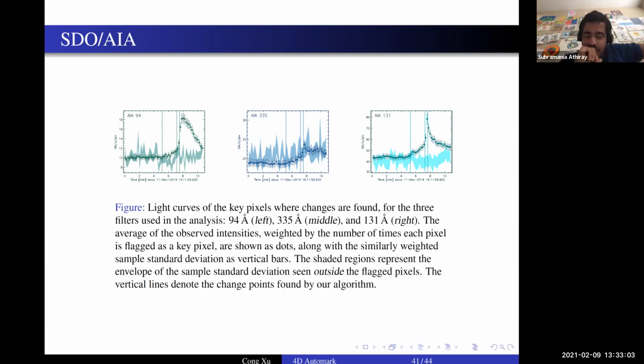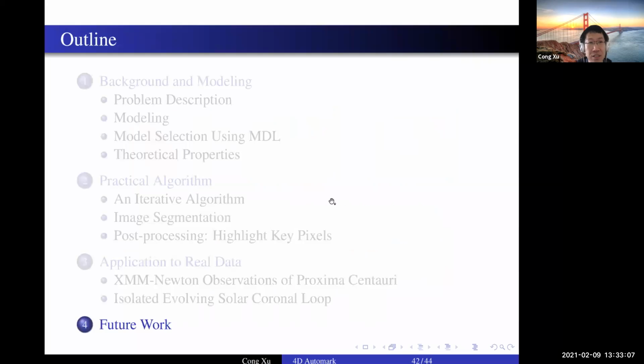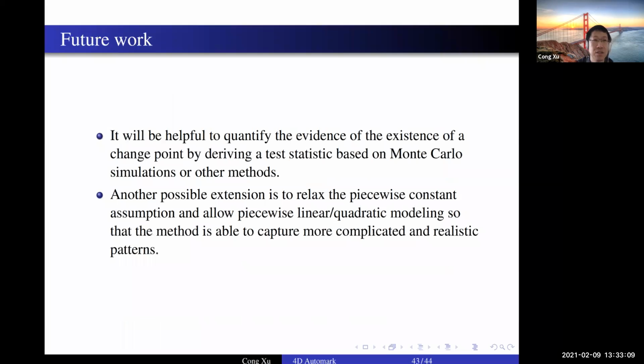Okay, so that's this example, and for some future work, right now many statisticians ask me a question like, how significant or how confident are you that this change point is actually indeed a change point.